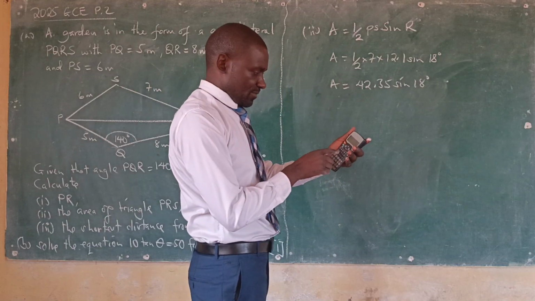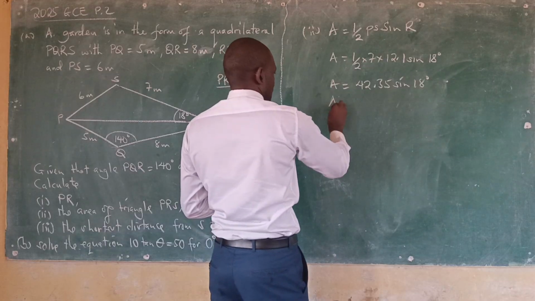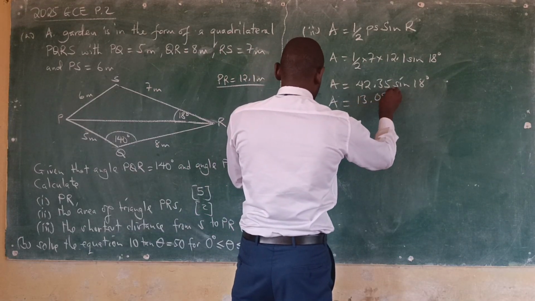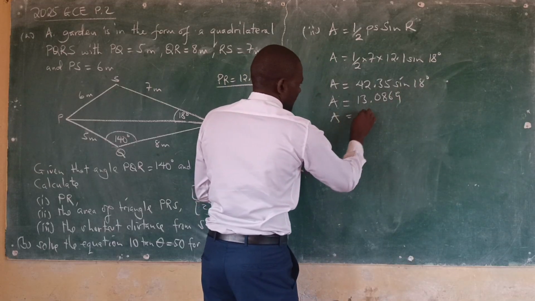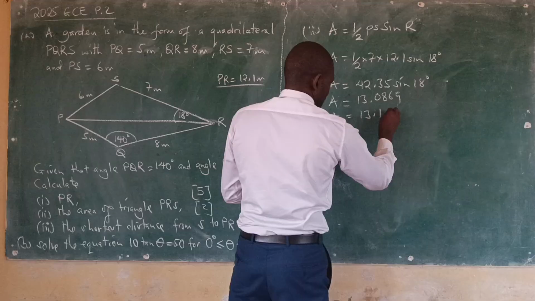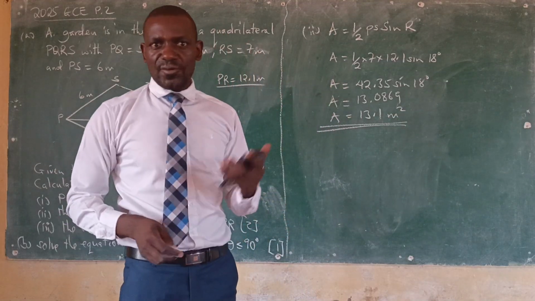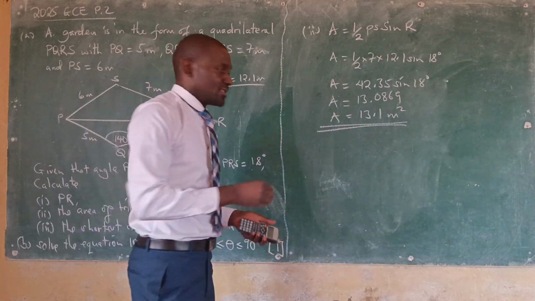So that one by sine 18. The area is simply 13.0869. So roughly, area is 13.1. We square the meters. So once we've gotten the area, we can now find the shortest distance.